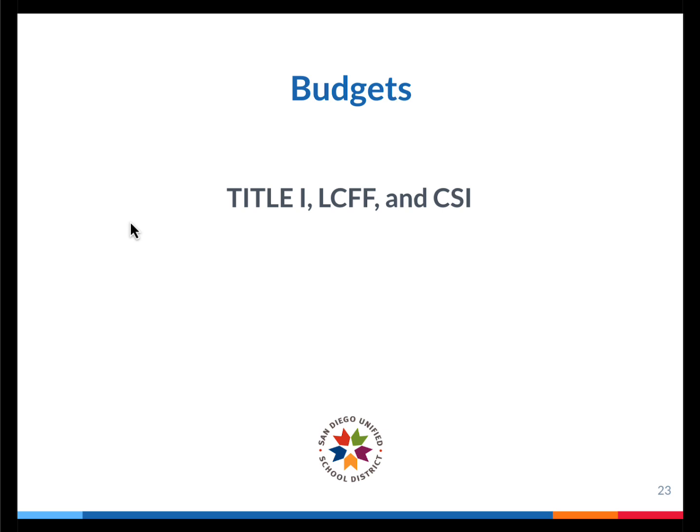In the next segment of our presentation, we're going to be talking about Title I, LCFF, and CSI budgets. These budgets are the budgets that the SSC is responsible for reviewing. However, SSCs only approve, review, and monitor Title I and CSI funds.